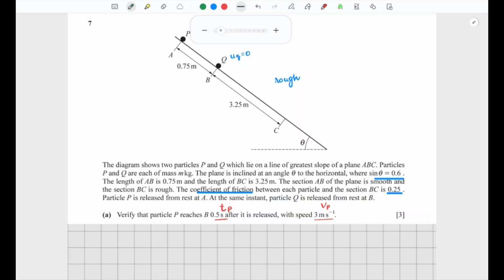So first of all, let's resolve our weight component.